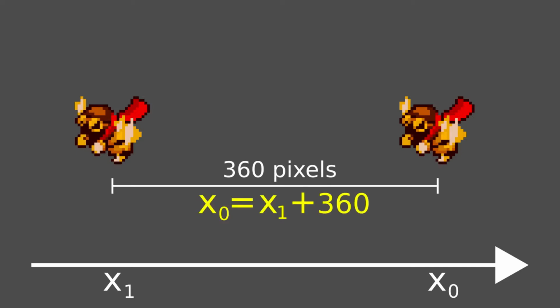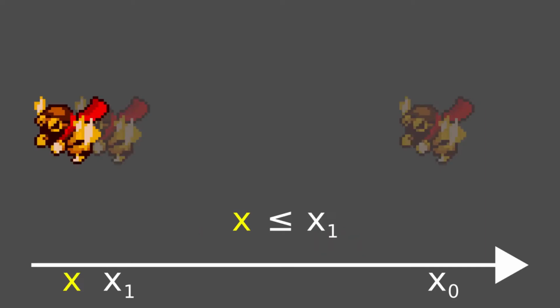It's clear that x0 is equal to x1 plus 360, or equivalently, that x1 is equal to x0 minus 360. The distance between x0 and x1 is 360 pixels. If we know x0, then we also know x1. Now suppose that the bee is moving to the left.